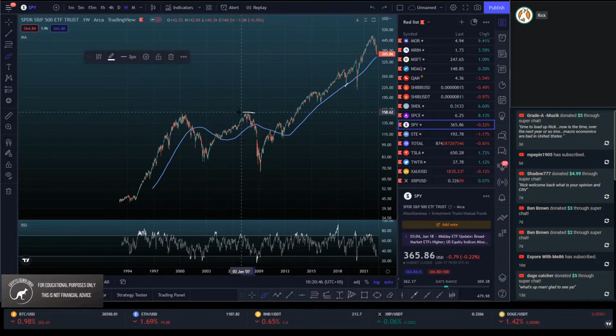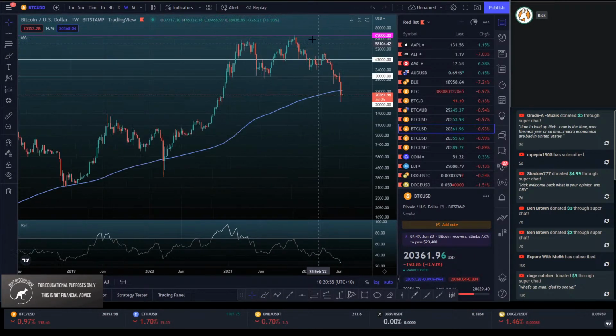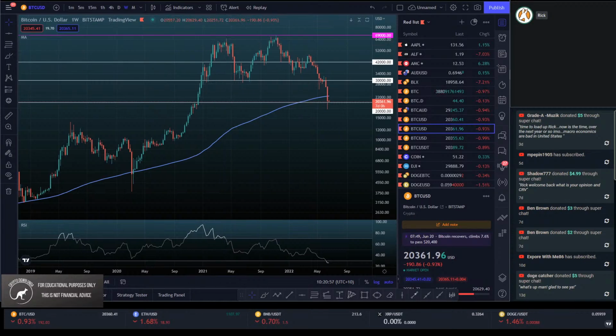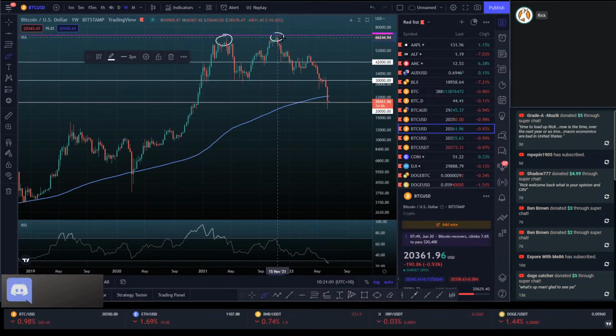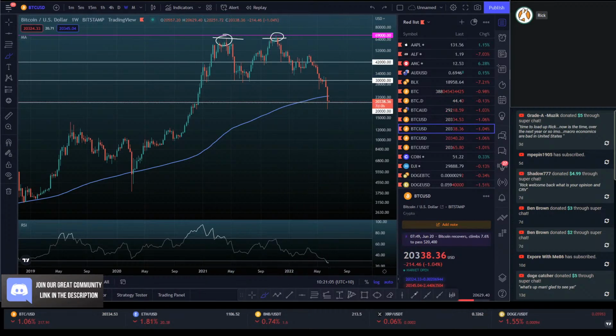It was basically a double top, similar to what Bitcoin's done recently. If you look here, the double top, and then correction off that double top.